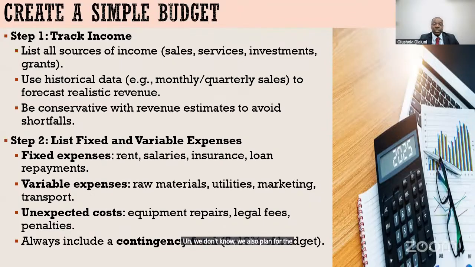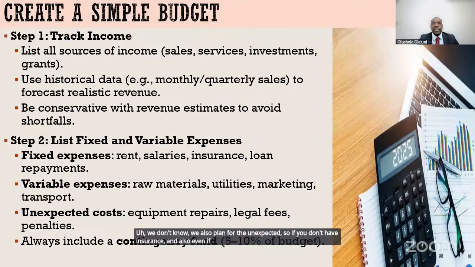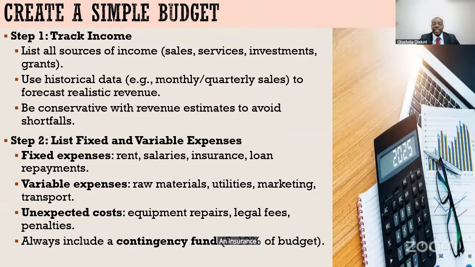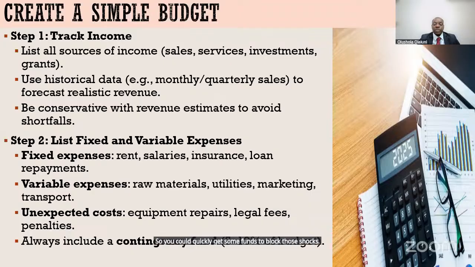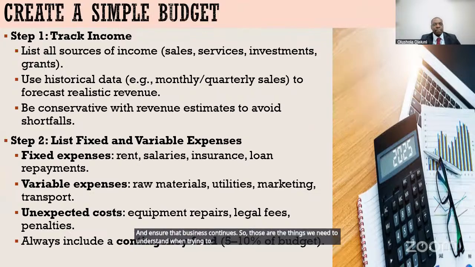Even if you have insurance, the time between when an insurance claim crystallizes and when they pay might take a while. So you could quickly get some funds to block those shocks and ensure that business continues. Those are the things we need to understand when preparing our budget.